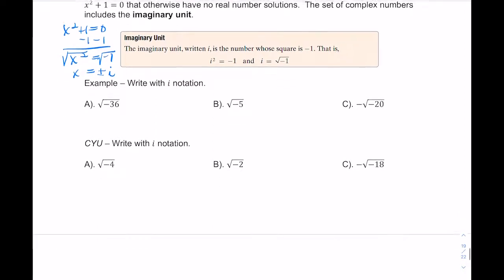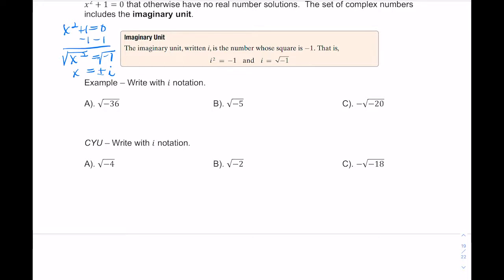Now in the first set of examples, we're going to write with i notation. The square root of -36 you can break down into the square root of -1 times the square root of 36, using the product rule for radicals.